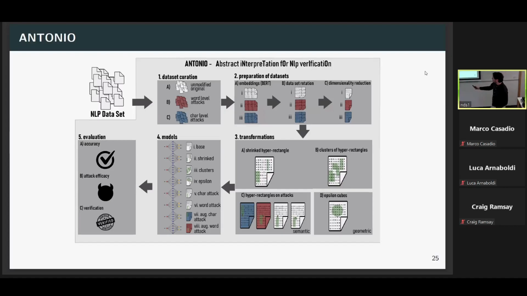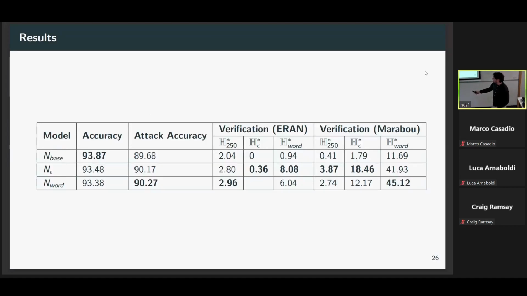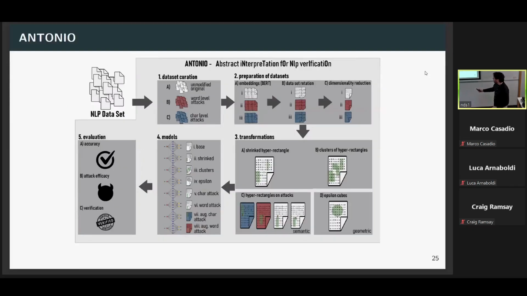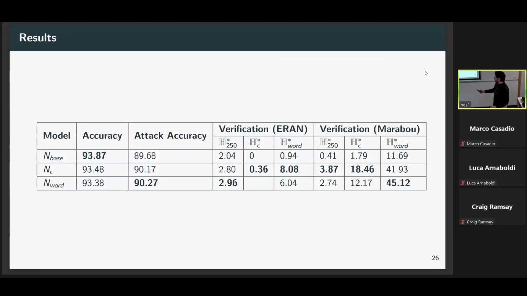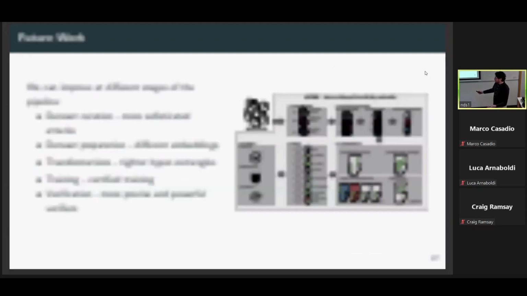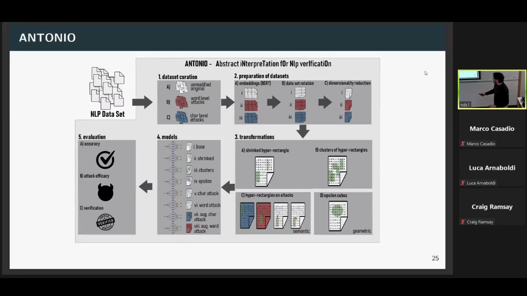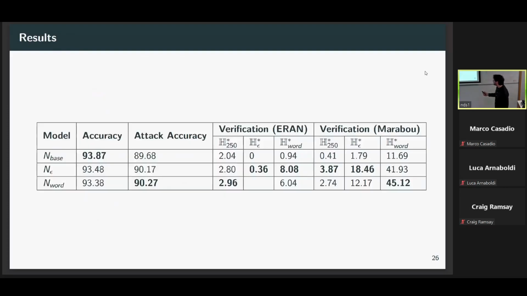Then we have an epsilon network, and the word network, which is still adversarial training, like epsilon, but on rectangles generated on word attacks.